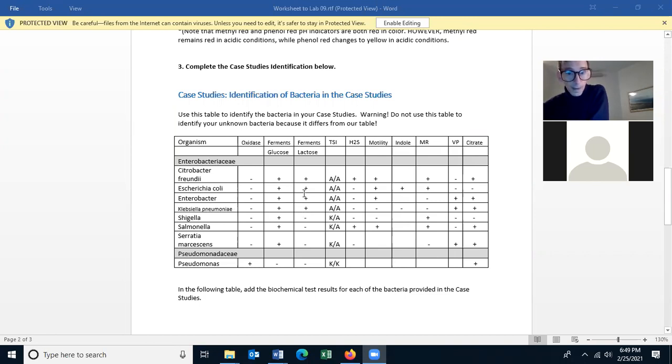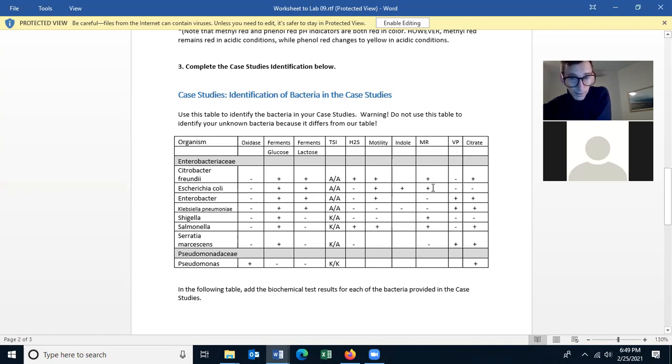And TSI, it's AA, that doesn't really help us. H2S is negative, so that throws out Citrobacter freundii. That means it's one of these 3. And we don't have motility, but actually, because the indole test is positive, it's probably E. coli.